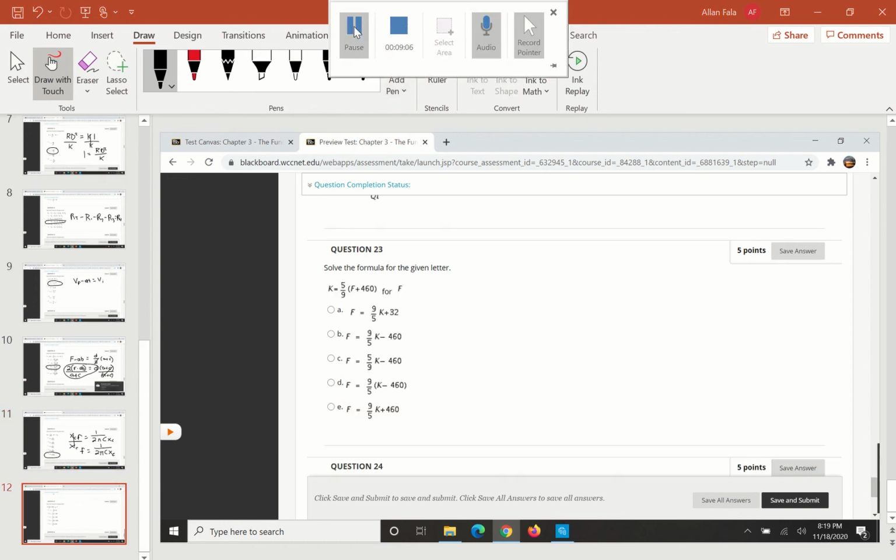For question 23, K is equal to 5/9 times F plus 460. First thing we're going to do is multiply both sides by the reciprocal of 5/9, which is 9/5. So we're going to come up with 9/5 K is equal to F plus 460.